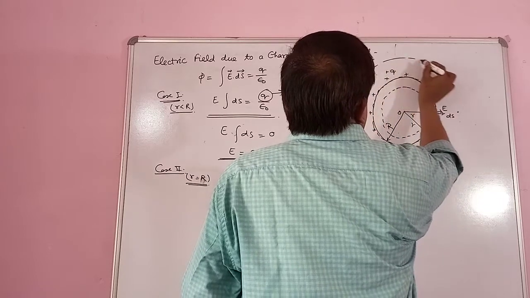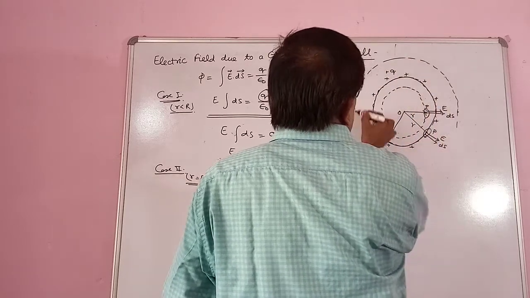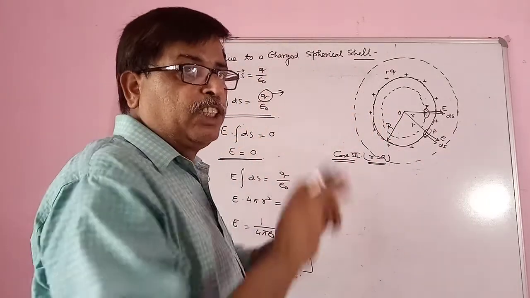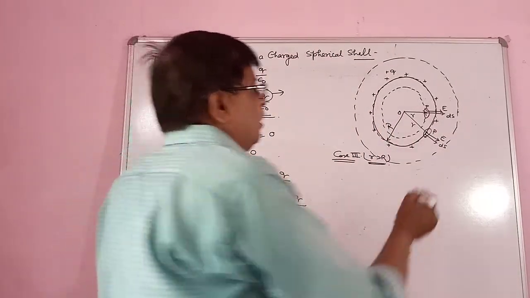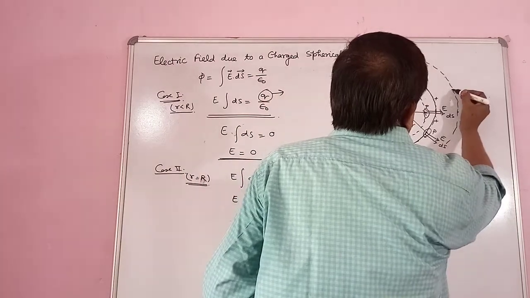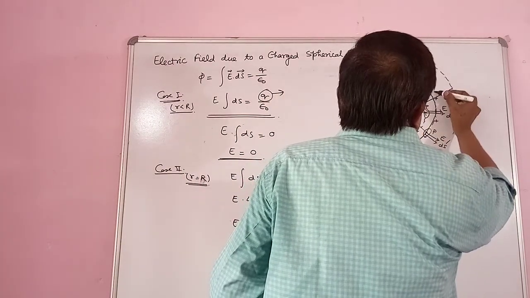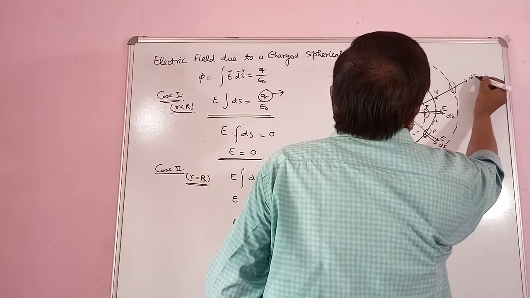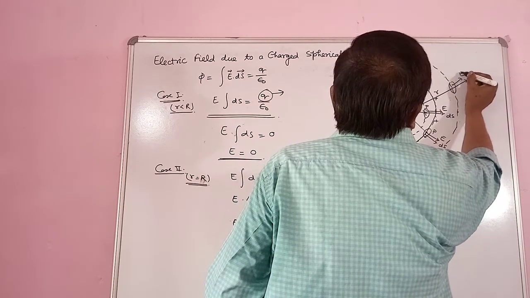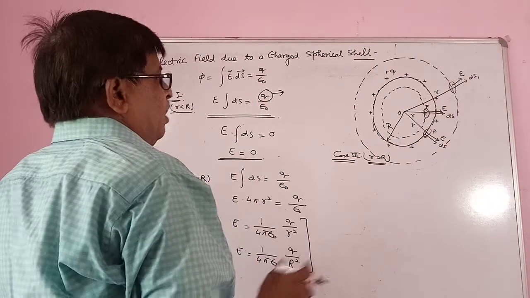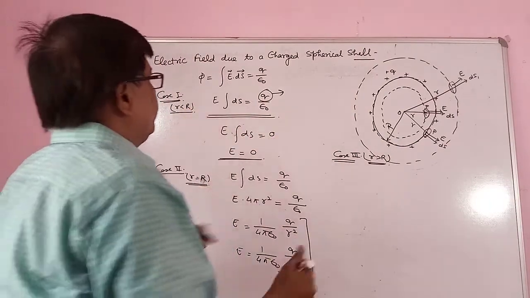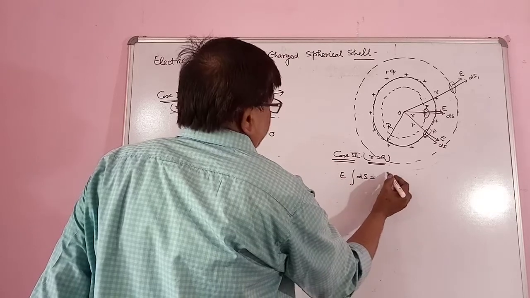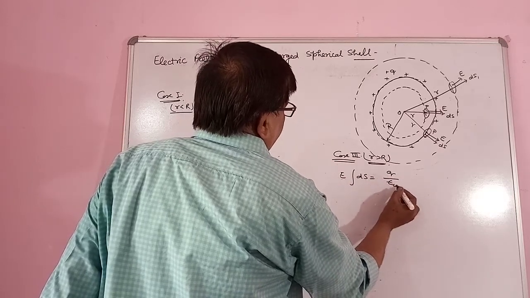Again we take a Gaussian surface, the same type, a spherical Gaussian surface, and the radius of this Gaussian surface is small r. This is ds, and this is the electric field E. Now apply the same thing here: E integration ds equals Q over epsilon naught.